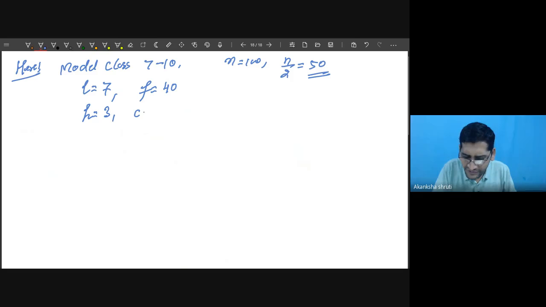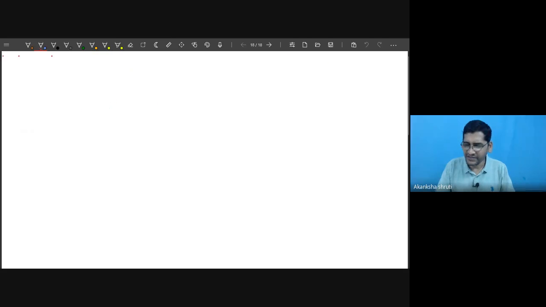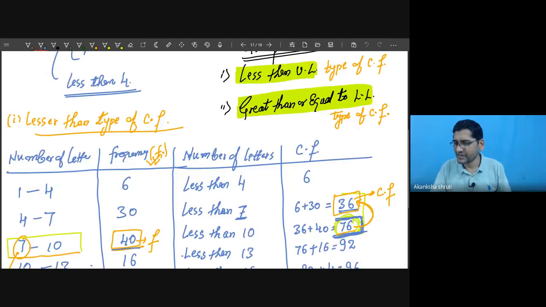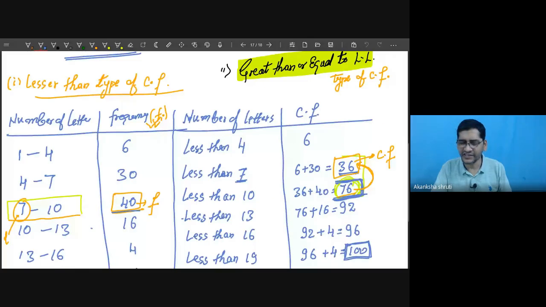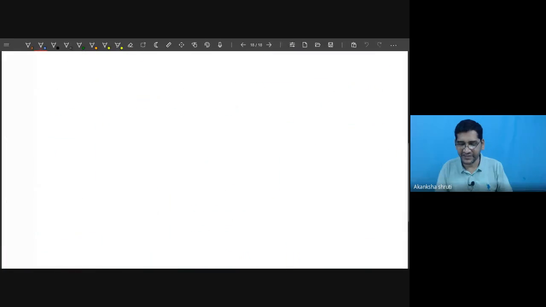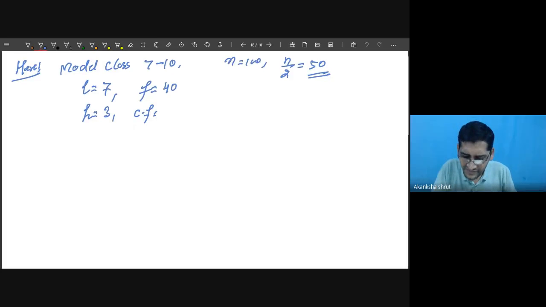And CF, cumulative frequency before the modal class. For the modal class, the cumulative frequency was 76. Observe it. And before this, the frequency is 36. So that 36 we need to take. Therefore, how is the median calculated?